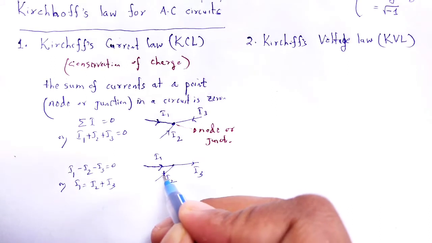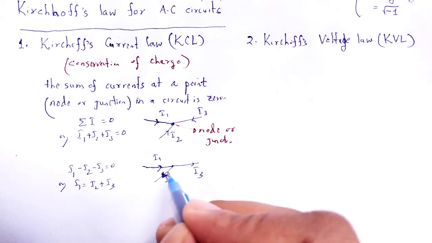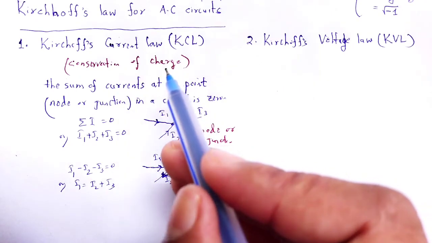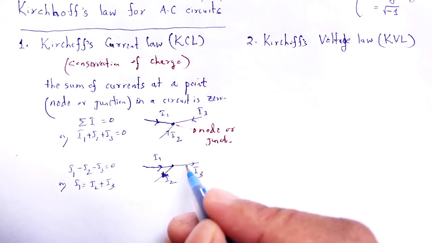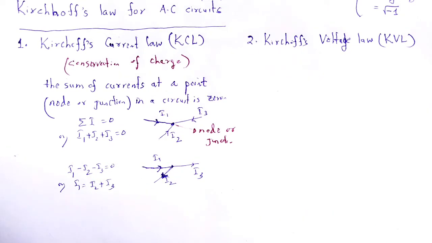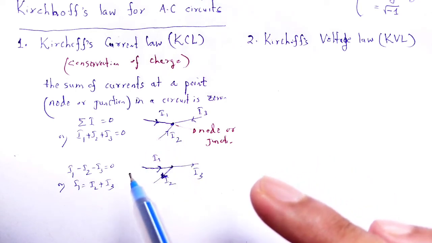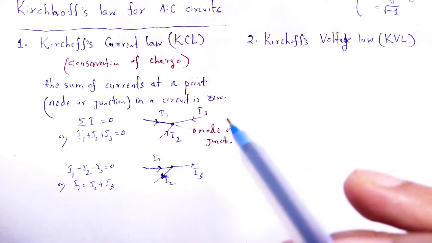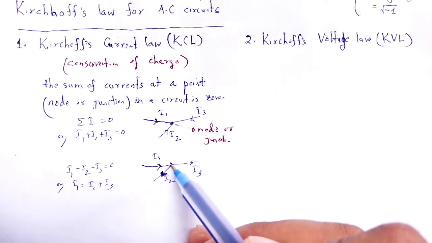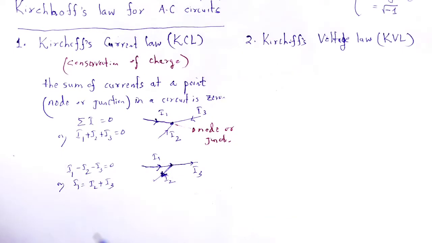Look here, I2 is in the outward direction, so it will be taken as negative. Then we apply Kirchhoff's current law. At that point the current is divided. In the case of DC, charges cannot accumulate in any volume. Therefore, I1 current does not accumulate and is divided into I2 and I3.